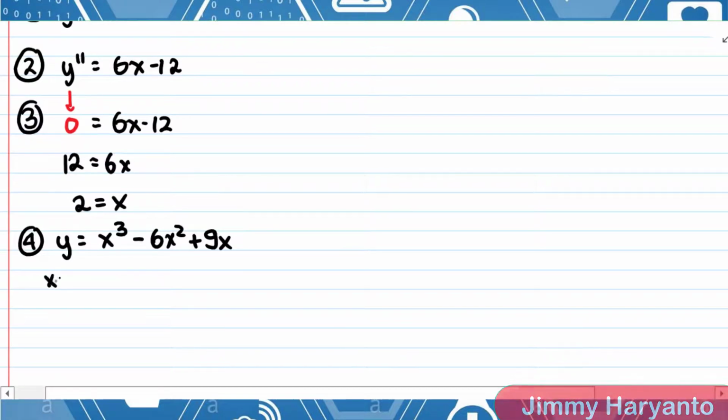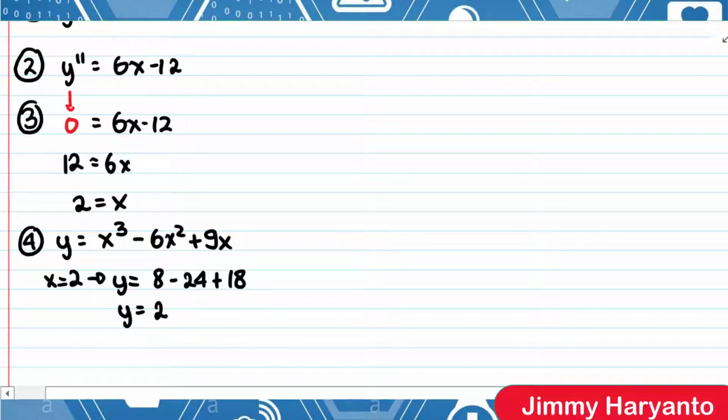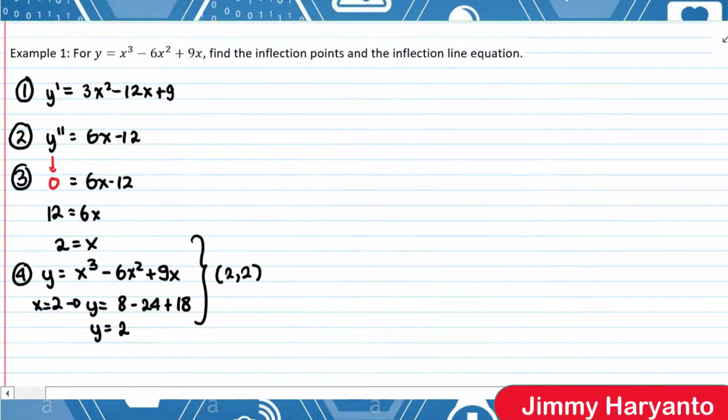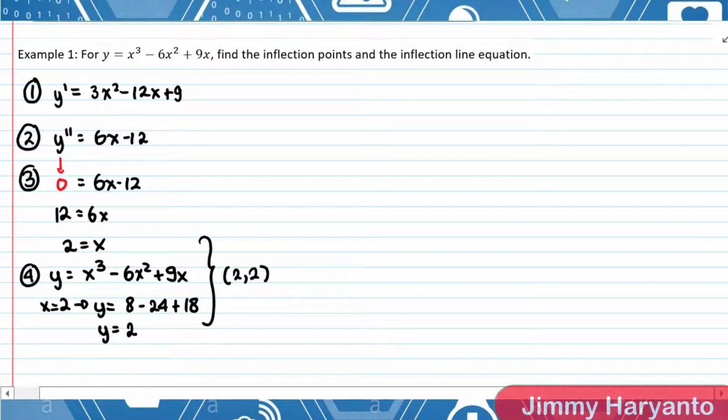So when x equals 2, the value of y will be 2 cubed, 8, minus 24 plus 18. So y will be 26 minus 24 equals 2. From this one we already have a point. I will not say this one is the inflection point. I just got a point, not an inflection point.